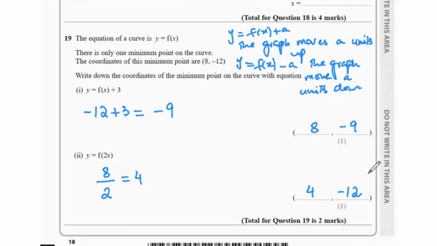If something is being multiplied with f of x, you multiply the y value by that. If something is being divided, you divide the y value by that. If something is being added to y, you add that value. If something's being subtracted from y, you subtract that value. But for x, if you add something directly to x, that means you're subtracting it originally. And if you're subtracting something, that means you're adding.